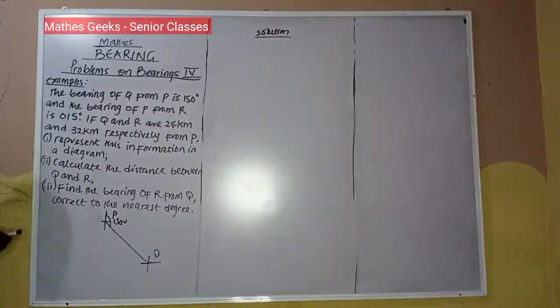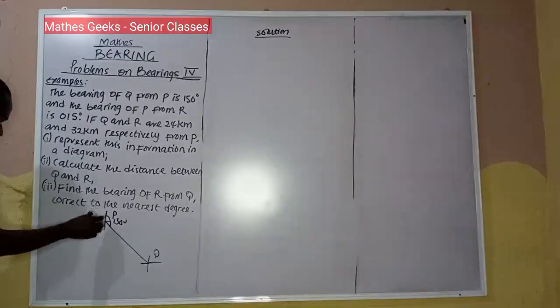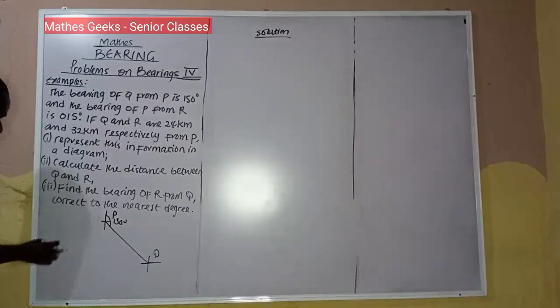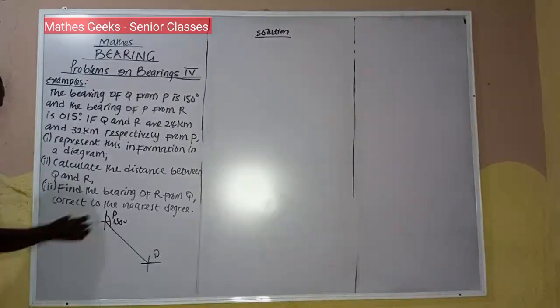And the bearing of P from R is 0.15 degrees. From R, so R 0.15 degrees.